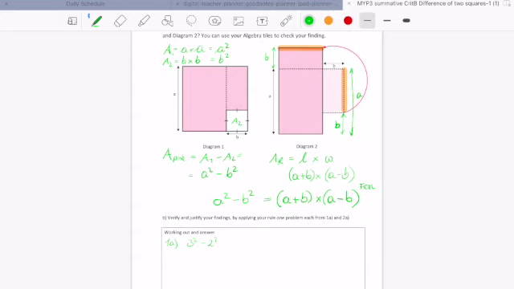So I'm going to write this out here. A squared minus B squared is equal to A plus B times A minus B. So if my A squared minus B squared is 3 squared minus 2 squared, then my A is 3 and my B is 2.